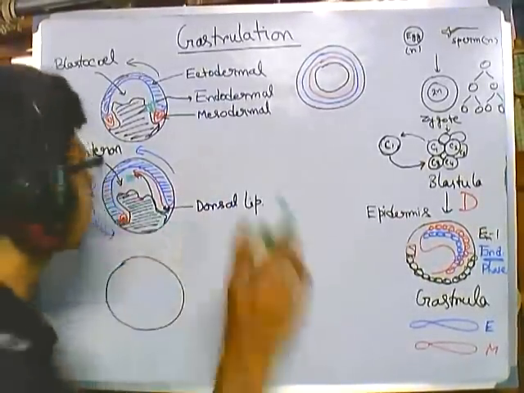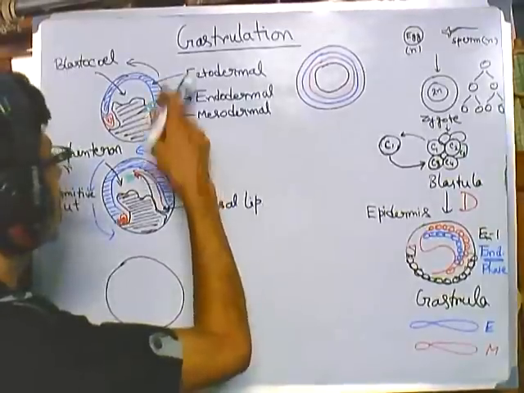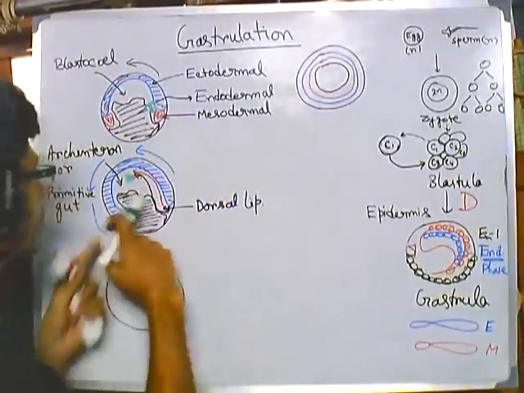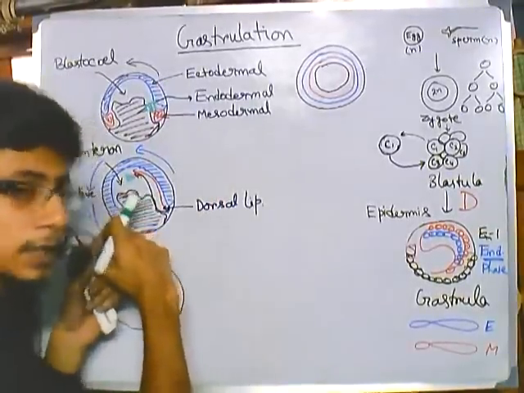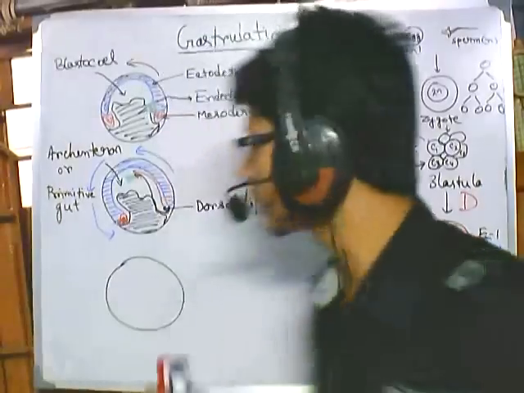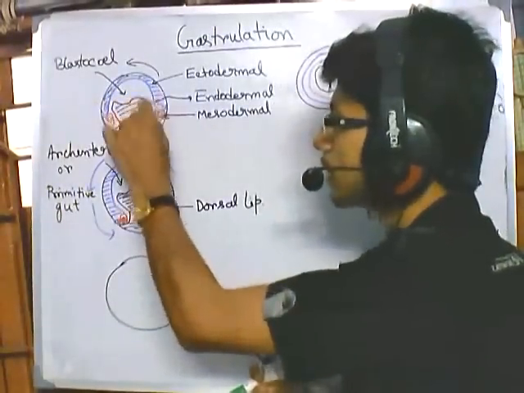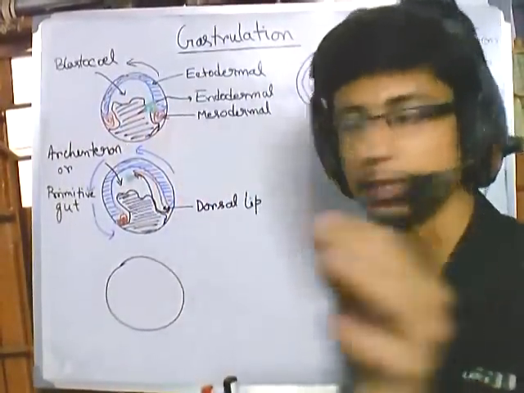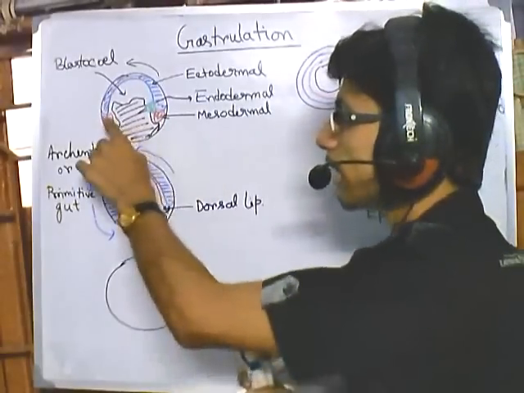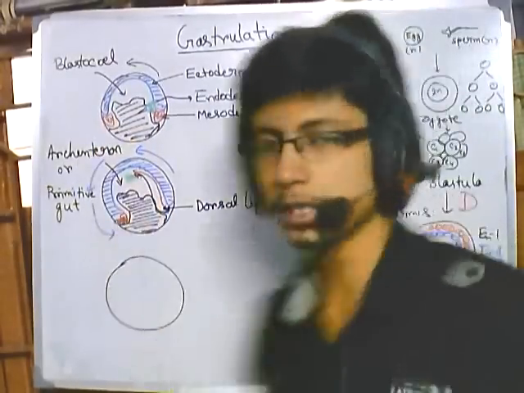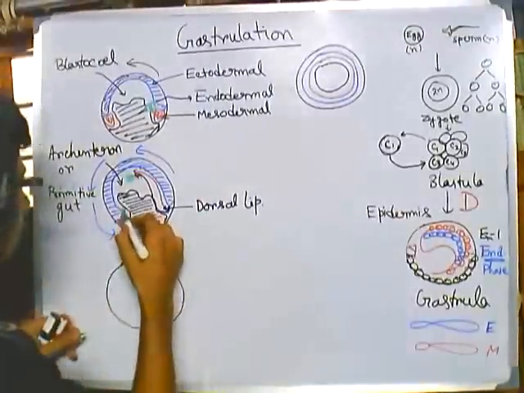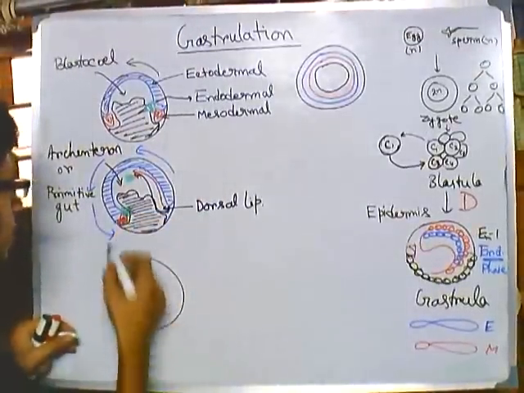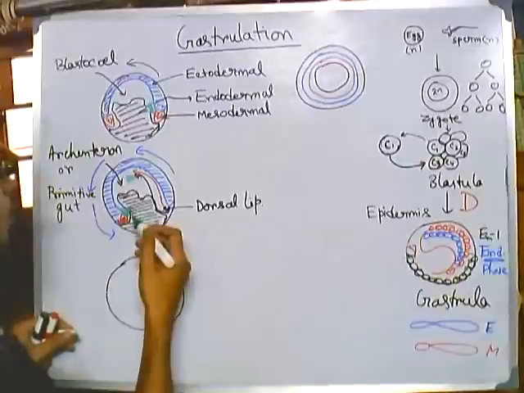So bottle cells previously formed at this particular location, and now they will form at the junction between the mesoderm and ectoderm of another region, because we have the mesodermal-ectodermal junction at two different points. Bottle cells generate at the mesodermal-ectodermal region. They generated first here, now they will generate here. So another set of bottle cells will generate.